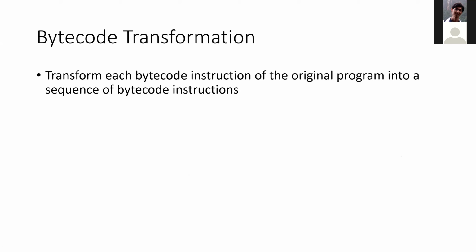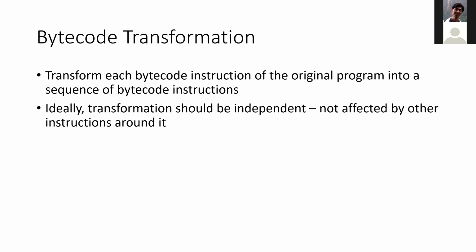For the bytecode transformation, the idea is to transform each bytecode instruction from the original program into a sequence of other bytecode instructions. Ideally, they want the transformation to be independent, so each instruction should not be affected by other instructions around it.